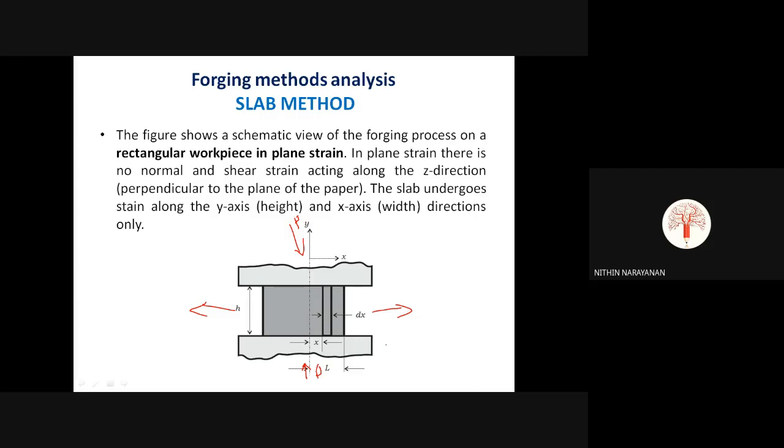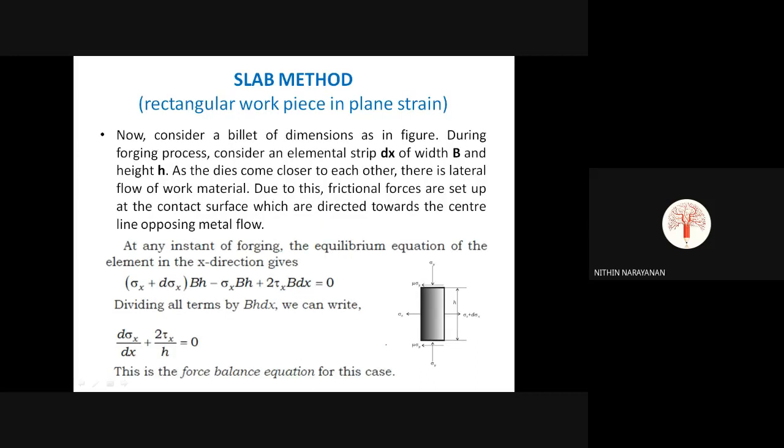So what is happening here? The slab undergoes strain along the y-axis, that is along the height, and the x-axis along the width direction only. We are not considering the thickness direction. Now we consider an elemental billet of dimensions as in the figure.